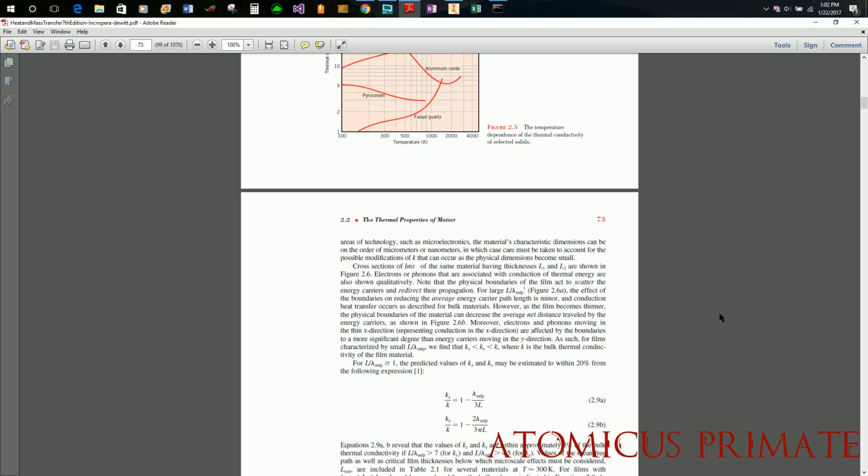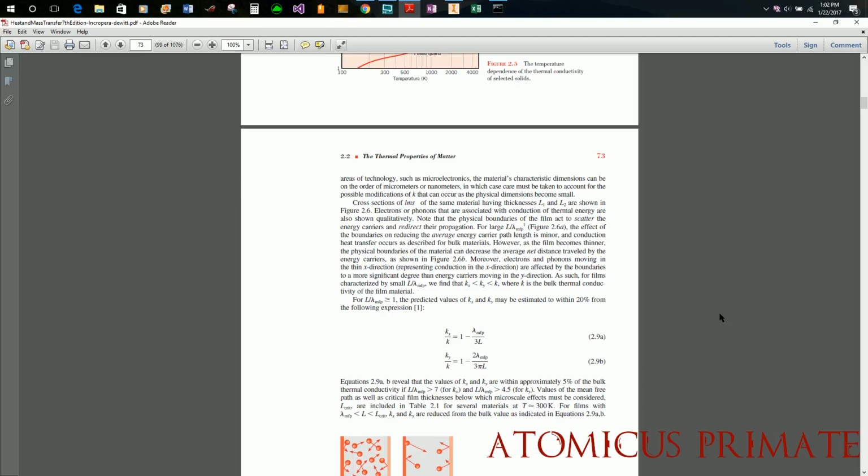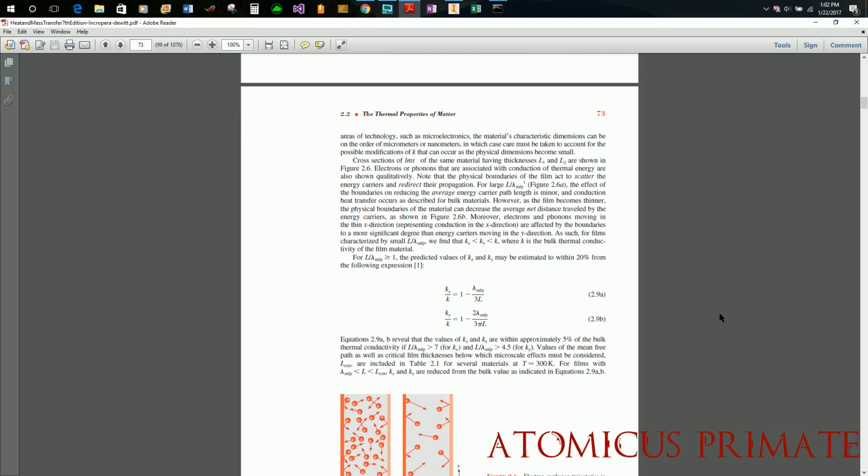Cross-sections of the same material having thicknesses L1 and L2 are shown in figure 2.6. Electrons or phonons that are associated with the conduction of thermal energy are also shown qualitatively. Note the physical boundaries of the film act to scatter the energy carriers and redirect their propagation.